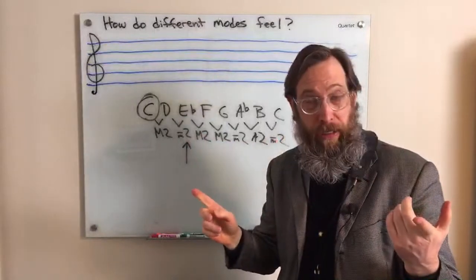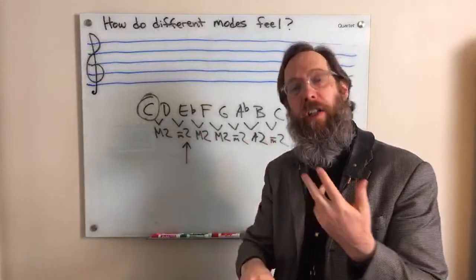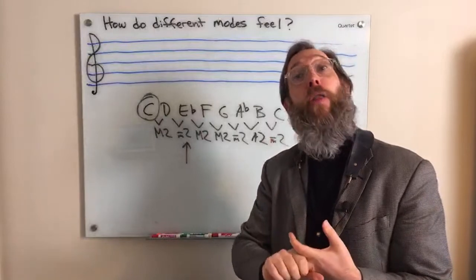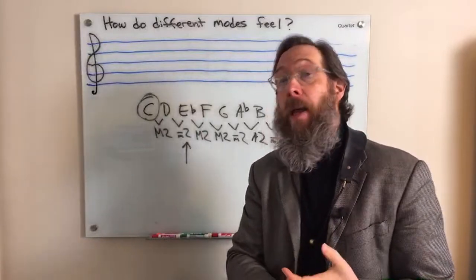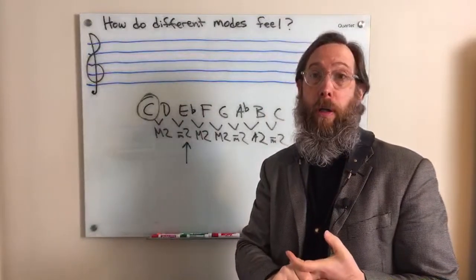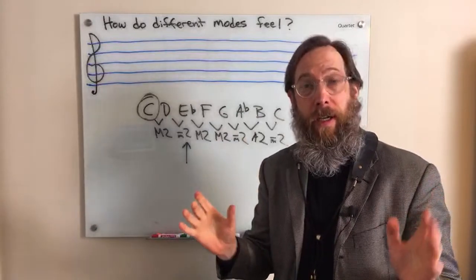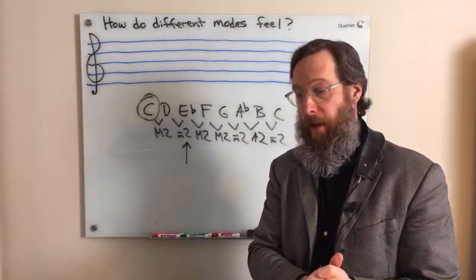That's not the only option. It could be that you've modulated or that they're using some other type of chromatic harmony. But a modal shift is another possibility for you to look at.